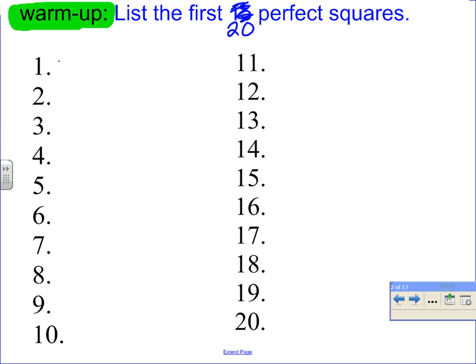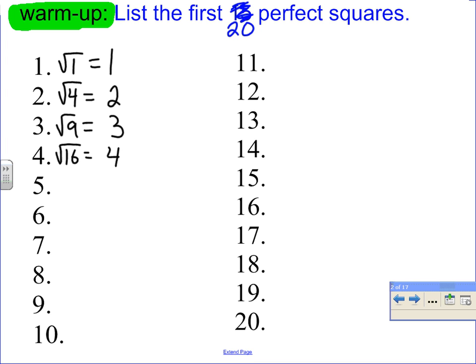The first perfect square is the square root of 1, which is 1. Anytime you take the square root of something and you get a nice number, that's a perfect square. Second one, square root of 4, which is 2. Third one, square root of 9, which is 3. Next one, square root of 16, which is 4.